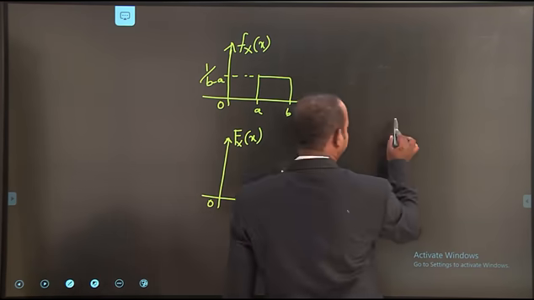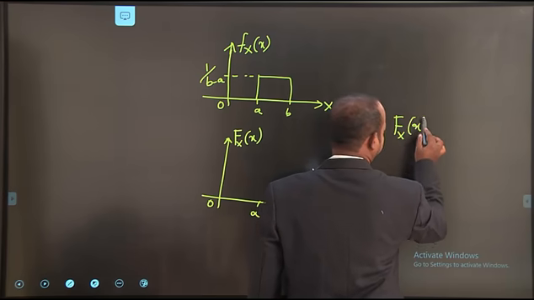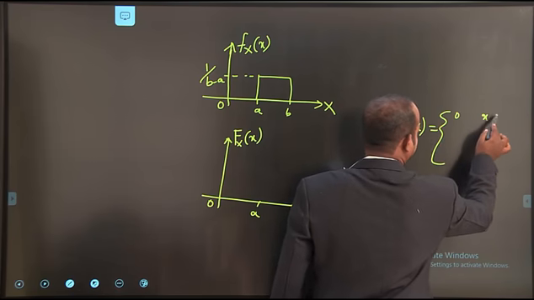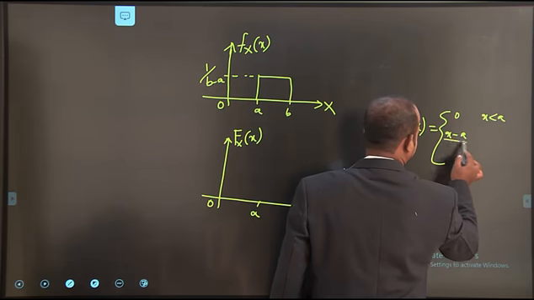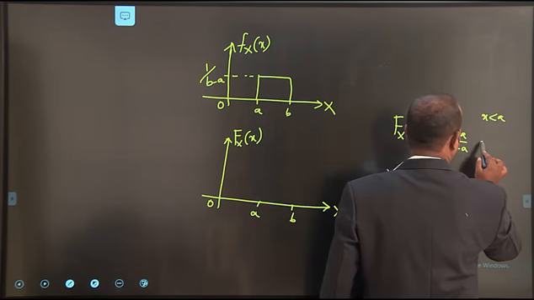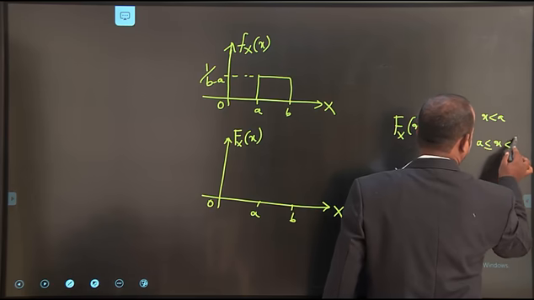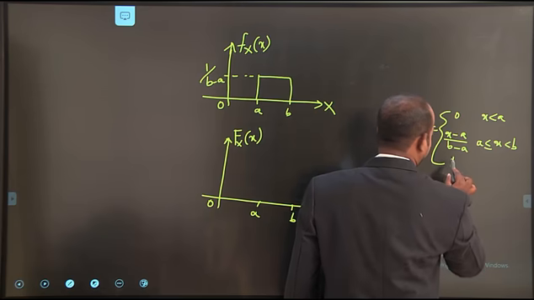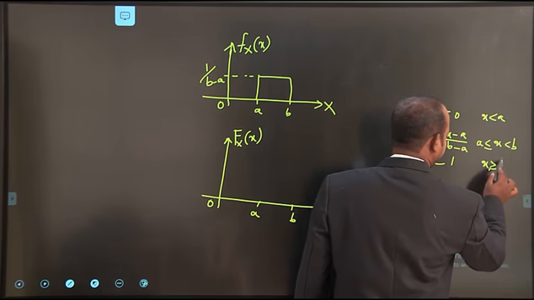We already derived the distribution function values: F_X(x) is equal to 0 where x is less than a, x minus a divided by b minus a for a less than or equal to x less than b, and 1 for x greater than or equal to b.